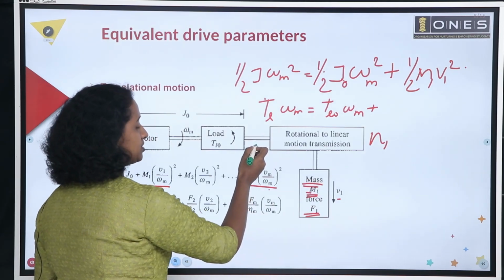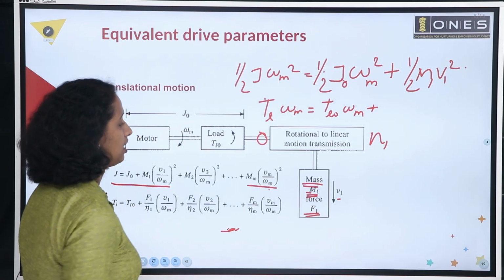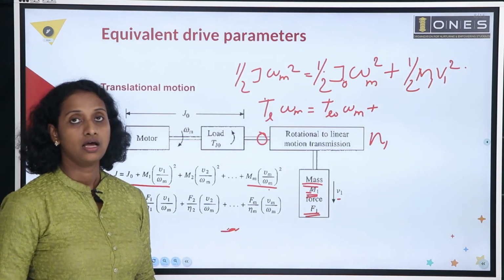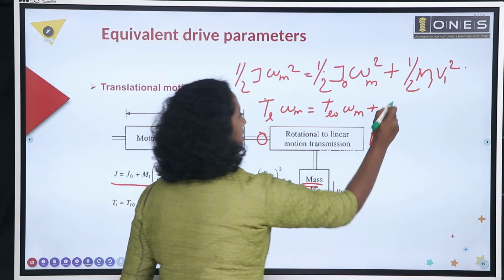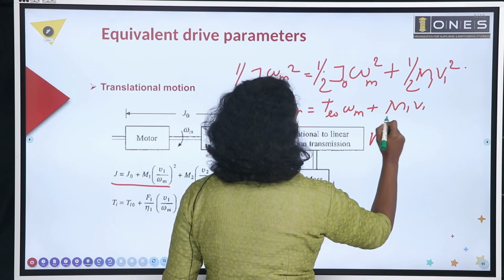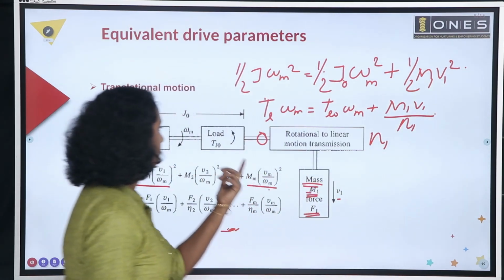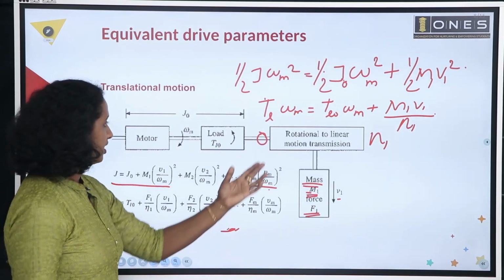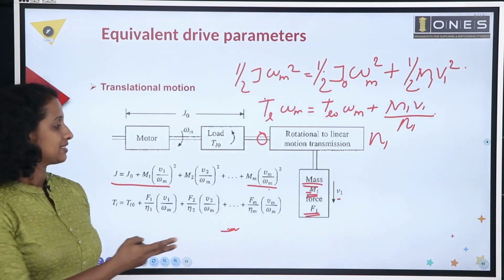So, seen by the motor, this side power we are considering. We know that for a translatory motion, the power is force times velocity, that is F1 v1 divided by efficiency eta 1. That is the power seen from the side of the motor. So, by rearranging that, you will get this equation. Okay, we will go to the next slide.